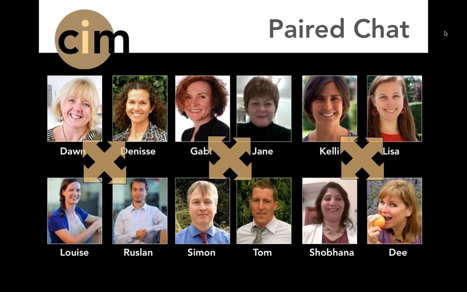So in a moment when we do get to the part where we're doing paired chats, those are the people who we would like you to direct your chats to.